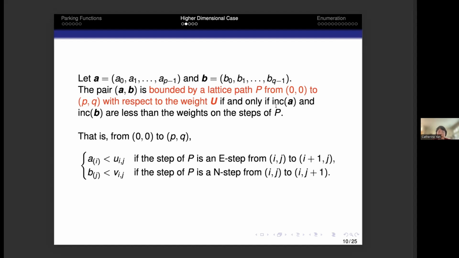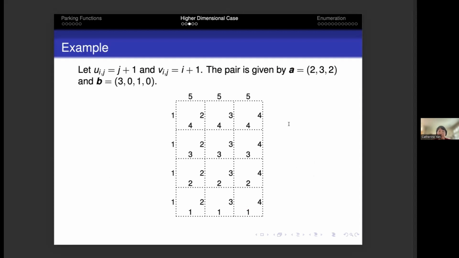Then we compare these terms with the lattice path, and hopefully the terms are alternatingly less than the weights that show up on the steps of this lattice path. Instead of taking the definition, I'll show you by an example. Here is a grid with weights on all the steps, and the given integer pair: the A sequence is 2, 3, 2, and the B sequence is 3, 0, 1, 0.